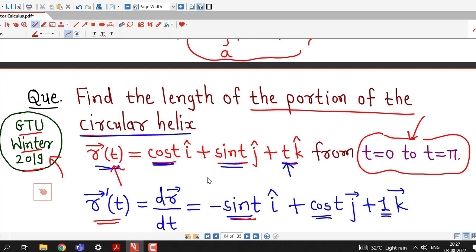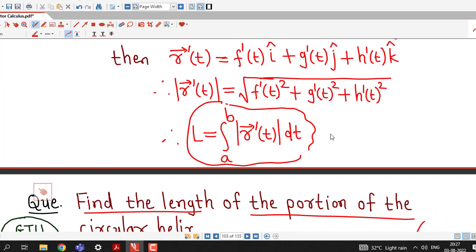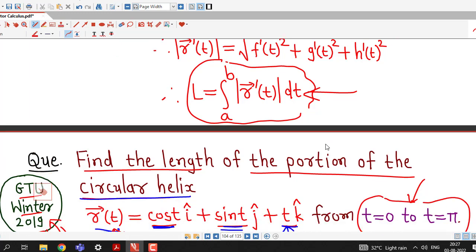This question about arc length was asked in the GTU Winter 2019 exam for 3 marks. So sometimes they can ask you to find the length of a curve. Remember this formula, and you can easily find this arc length using it.